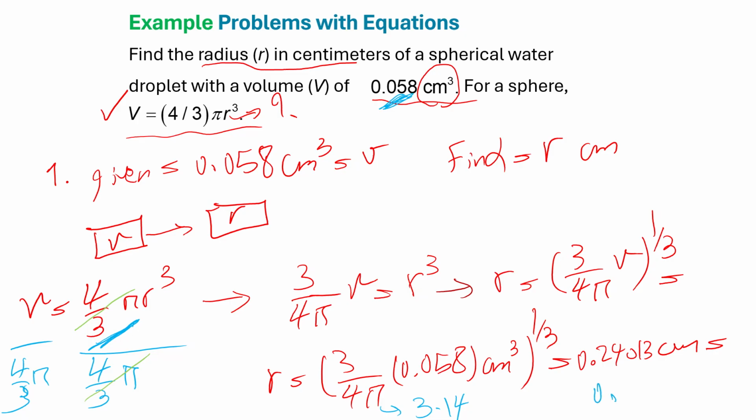You need to round it down. And as you might know, when you're performing the calculation, these two also cancel out each other and you end up with centimeter. Okay, again, if you don't know how to do 1/3 to the power of 1/3 in your calculator, you can just reach out to me and I can show you how to perform it.